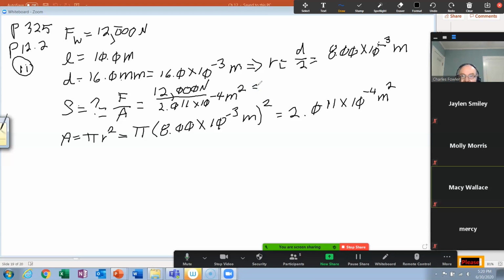Okay, now I'm going to do a shortcut here. You don't have to do that. You can pull back out and punch in those numbers. Since I've got the denominator there, I'm going to do a 1 over x key. You don't have to do it this way. 1 over x, and then multiply that by your 12,000 newtons.